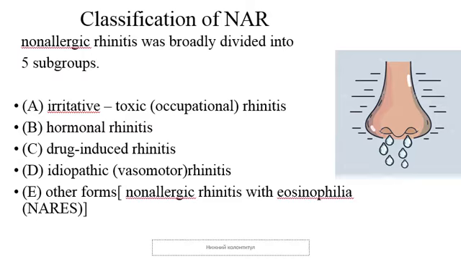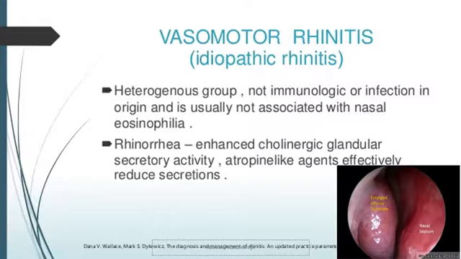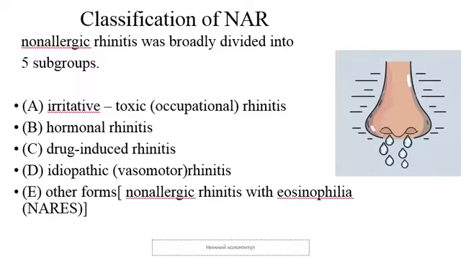The classification of non-allergic rhinitis: it was broadly divided into five subgroups, including irritative or toxic, hormonal rhinitis, which sometimes happens in a pregnant woman, drug-induced rhinitis, from the frequent use of nasal sprays and decongestants, idiopathic with vasomotor rhinitis and other forms, and non-allergic rhinitis with eosinophilia.